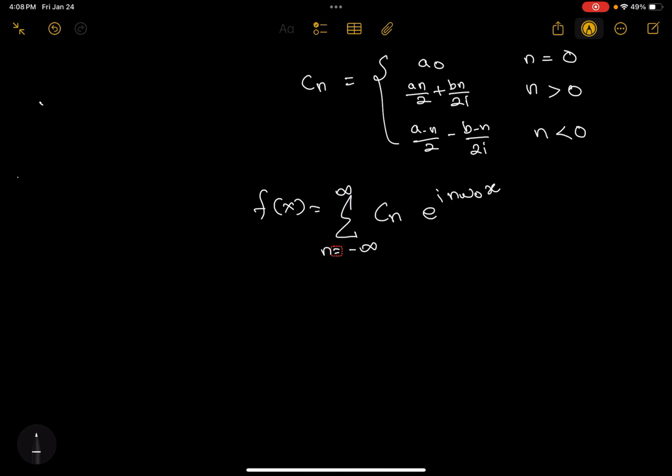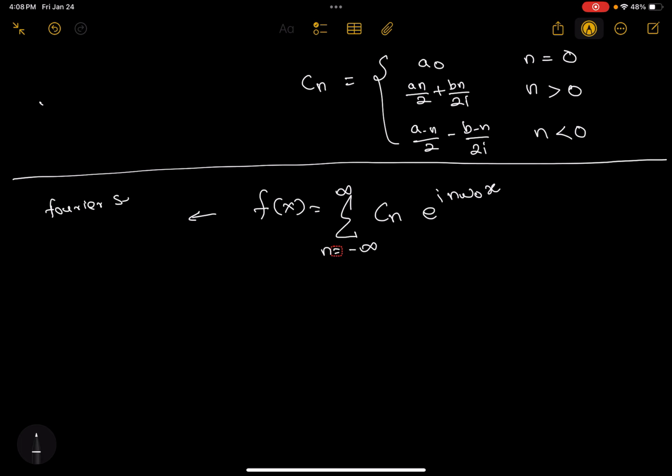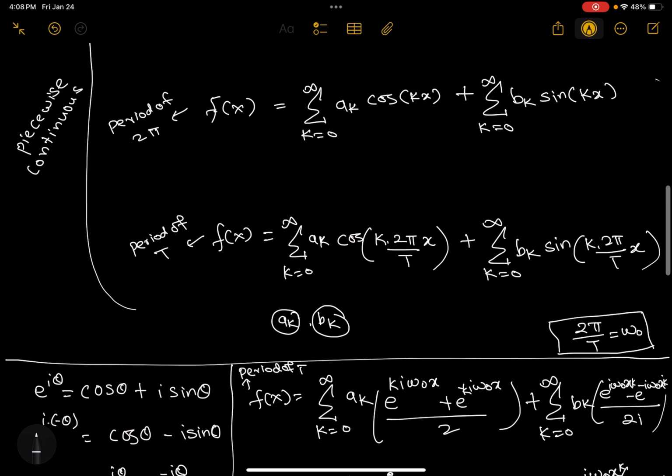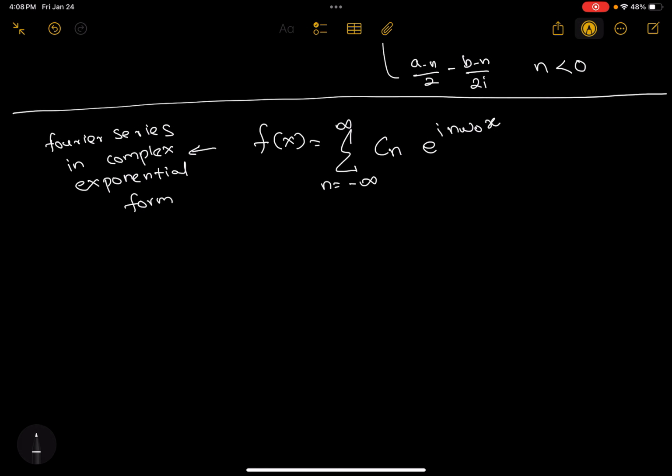So this is still a Fourier series, but now it is in the complex exponential form. Over here, we called it the Fourier series in the trigonometric form, but now the Fourier series is in the complex exponential form.